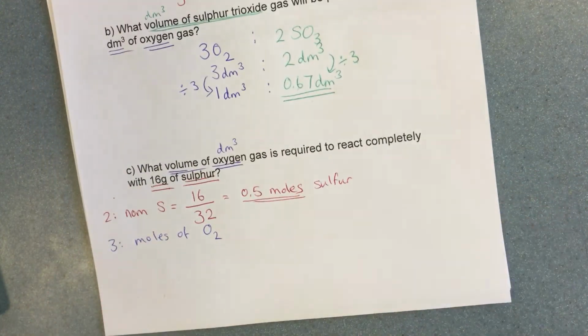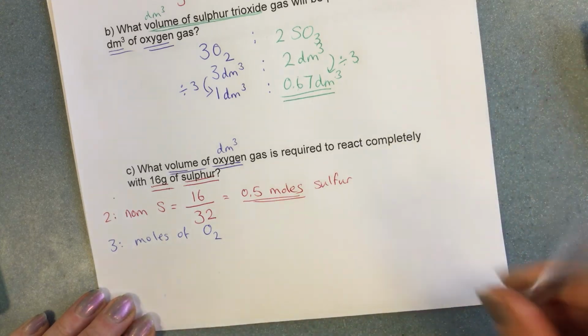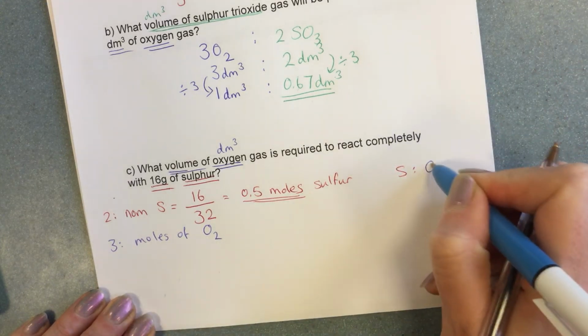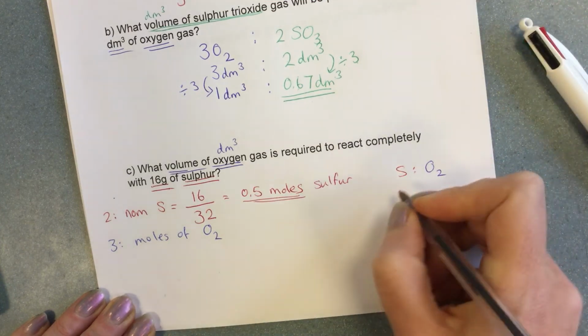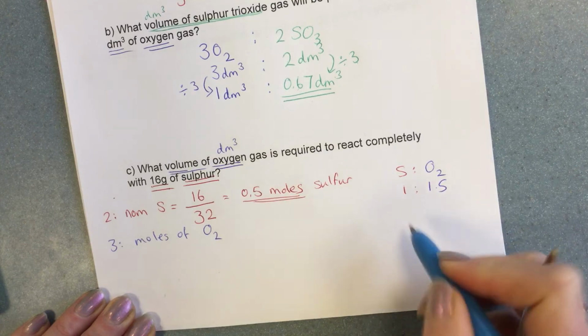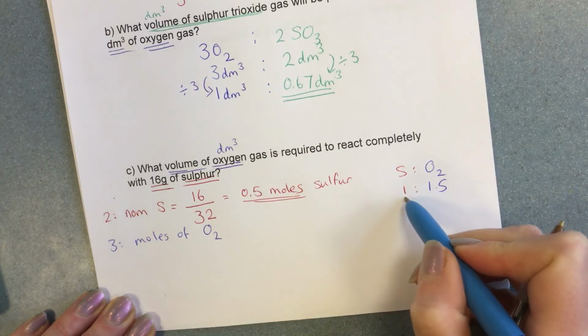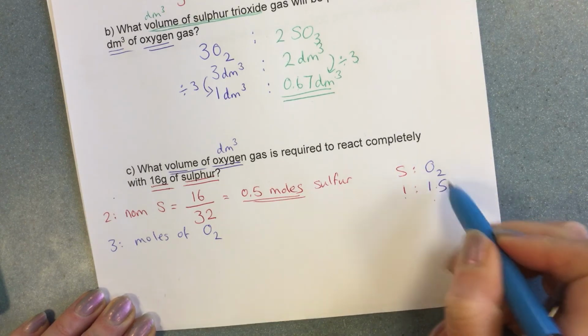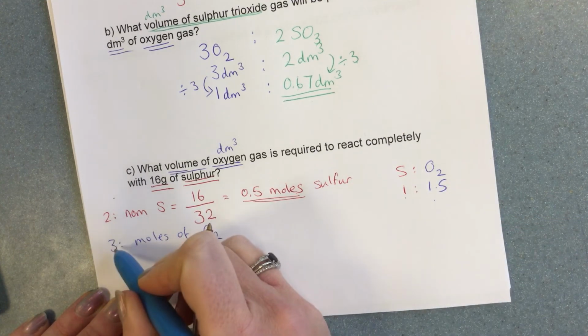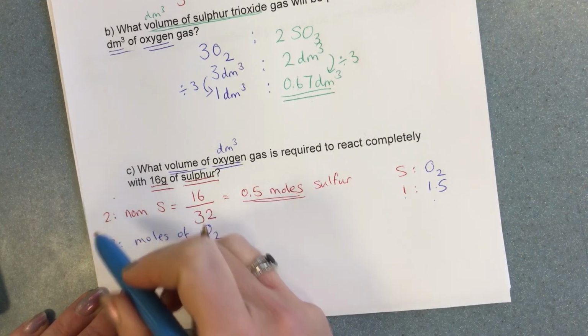So there are various ways I can do this. My simplest way would be to simplify that down so that my relationship between sulfur and oxygen is 1 to 1.5. So 2 to 3 is the same as going from 1 to 1.5. The number of moles of oxygen is 1.5 times, because 3 is 1.5 times 2.